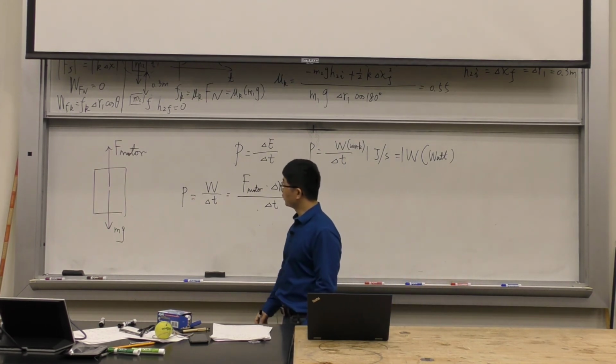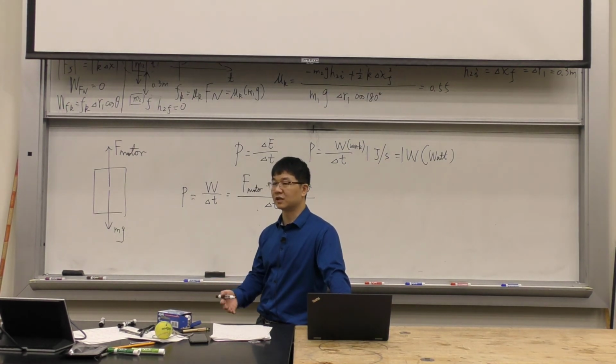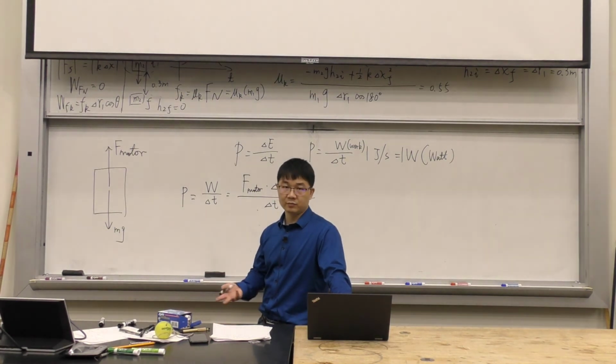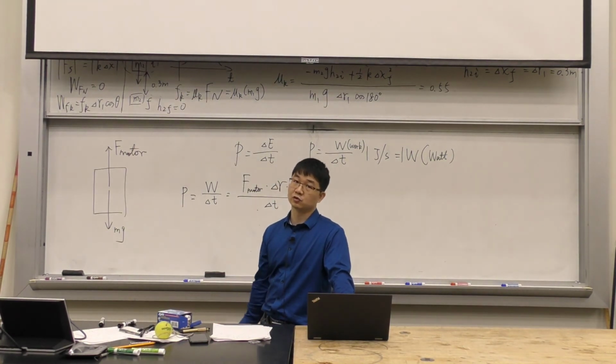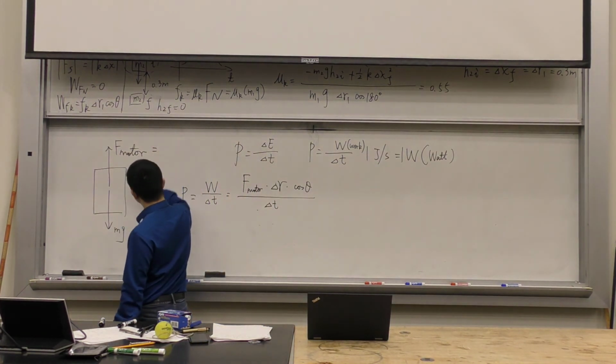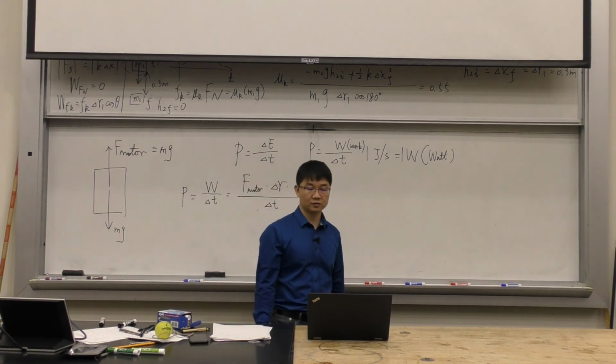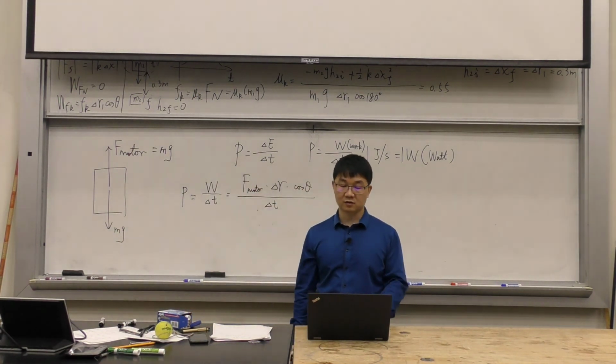The force on the motor, I don't know, but the problem says it's lifting the elevator at a constant speed. Every time I see constant speed, constant velocity, that means the net force must be 0, because that's Newton's laws. So in this case, this guy, I don't know the number, but it must be equal to mg in this question, because the question says it's moving at a constant speed.